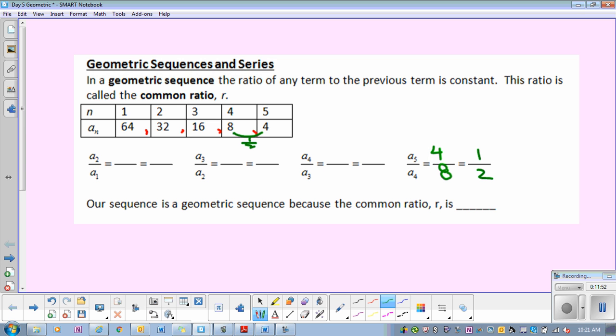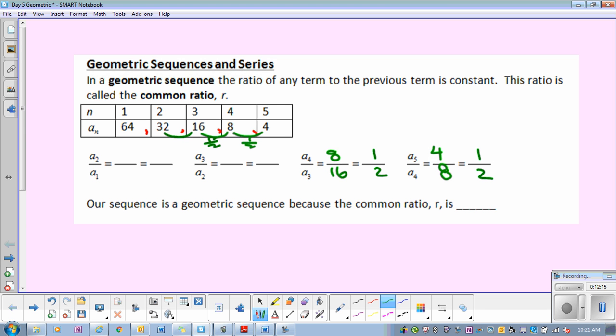Okay? Let's try the next one. Remember, it has to be consecutive, right next to each other numbers. So 8 divided by 16 gives me what? Alright? You guys start from the back and divide the one right in front. That should also be 1/2, yes? Yeah.